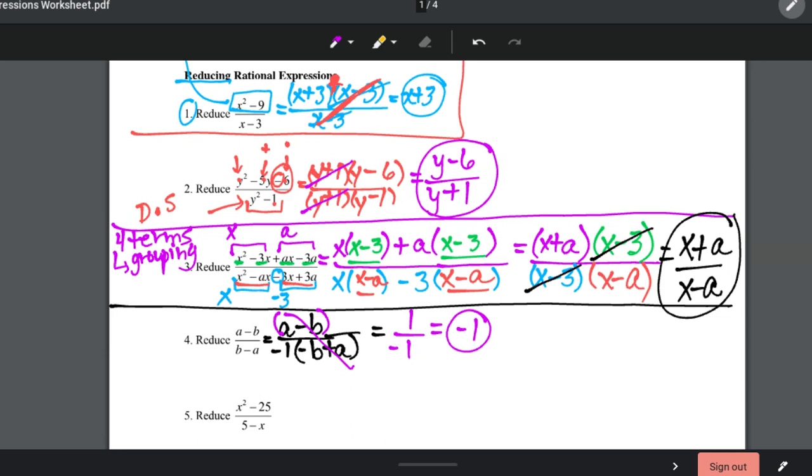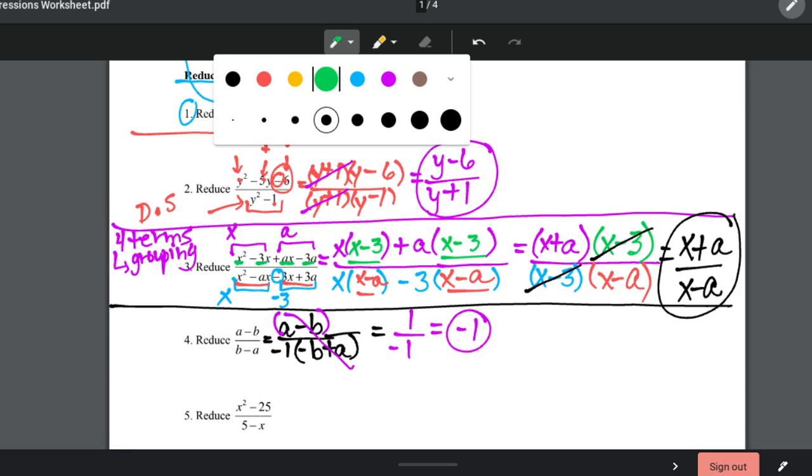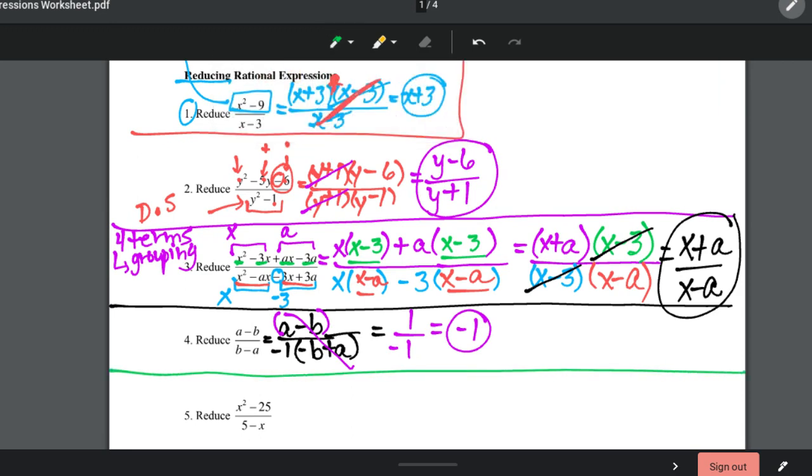Okay, so then finally our last example here, I have an x squared minus 25. Oh, it's another difference of squares, so I'm going to go right away and say that that is x plus 5 times x minus 5 over 5 minus x.